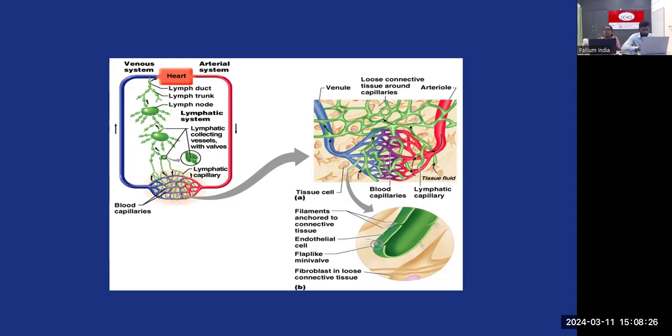That fluid is called lymph. The fluid dropped into the interstitial space during arterial and venous capillary filtration is absorbed by the lymphatic capillaries. You can see that in the green color picture.